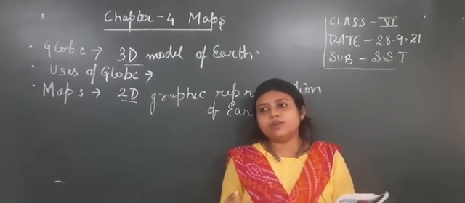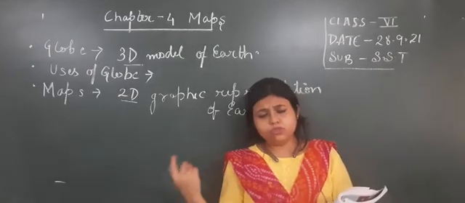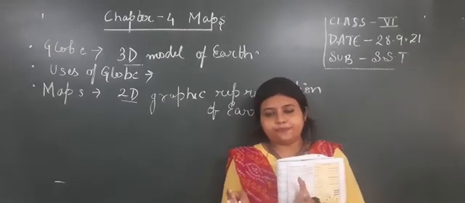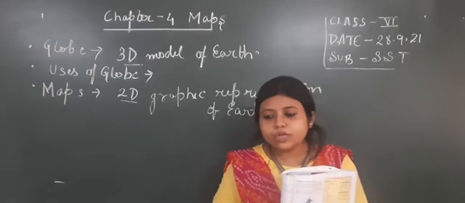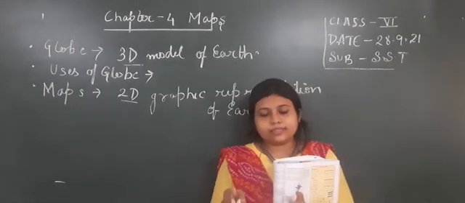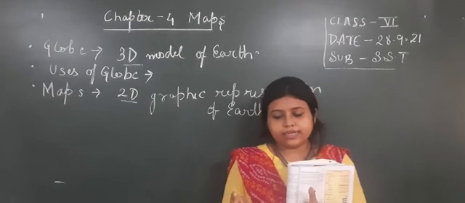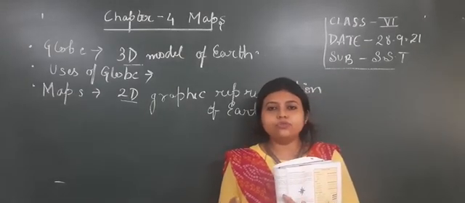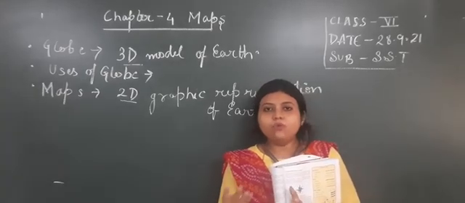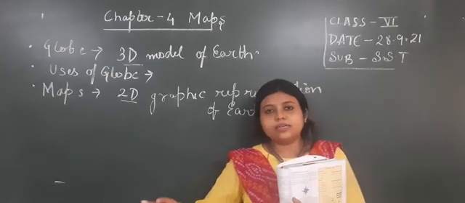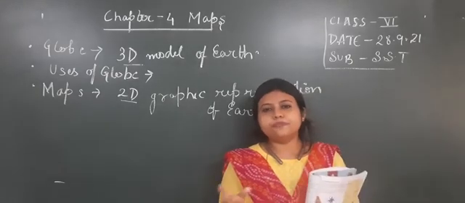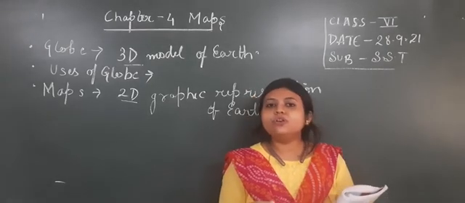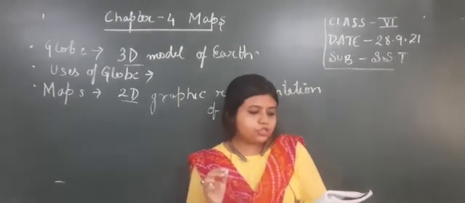Earth is a spherical shape, so if we have to present it on a 2D model, we need to print it on paper. We cannot keep the exact round shape on paper, so distortions are there.